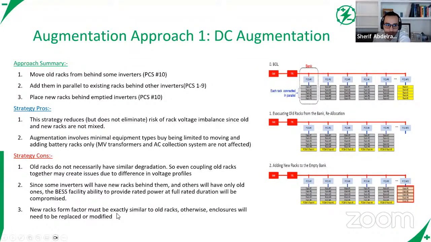Although something to consider with this architecture, and let's remember why we're doing this. The main purpose of augmentation is that you're trying to defer that investment into the future. So you're trying to defer capital. So with that DC-DC converter, you're going in the other direction.